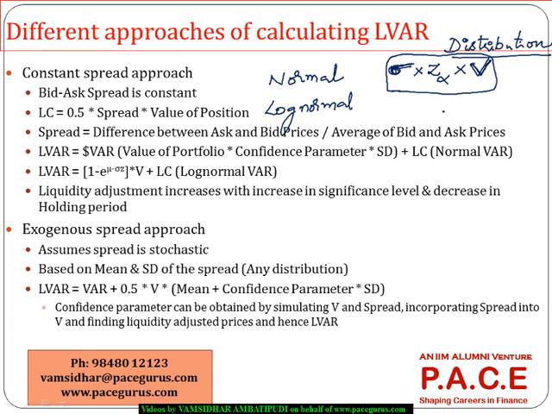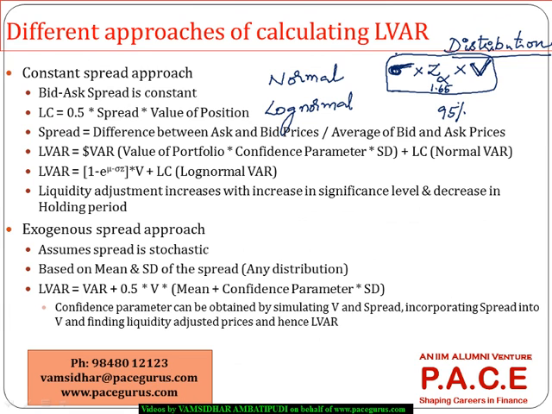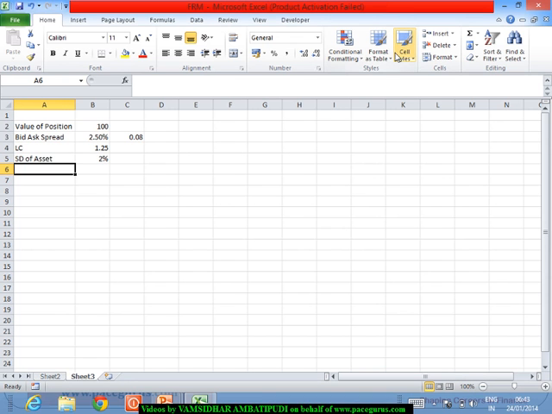If I am talking about a 95% confidence interval, then this Z alpha is going to be 1.65, and then whatever is the standard deviation of the asset returns. Let's assume that the standard deviation is around 2%, and a 95% confidence interval is what I require.